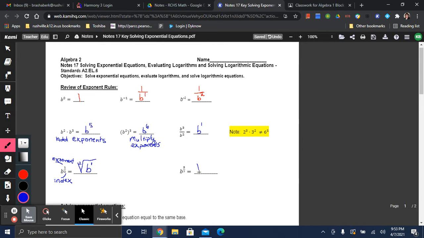So one like this, if you have b to the 5/7, inside the radical sign would be b to the 5th power, and then the 7 is the index. It's the 7th root. That's how you would say that. The 7th root of b to the 5th power.